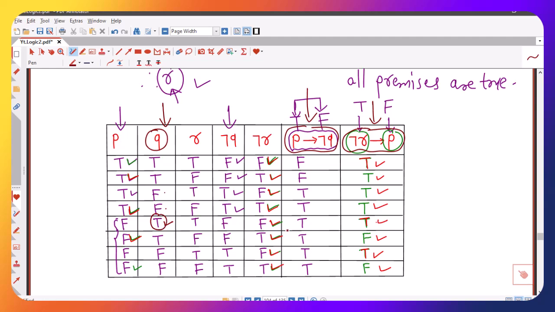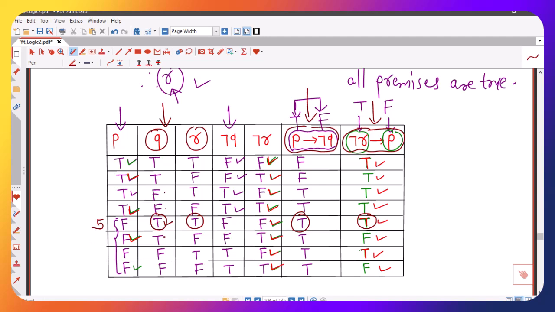Q is true, then P implies negation Q is true and negation R implies P is also true, and the conclusion is R. So we can see that R is also true.